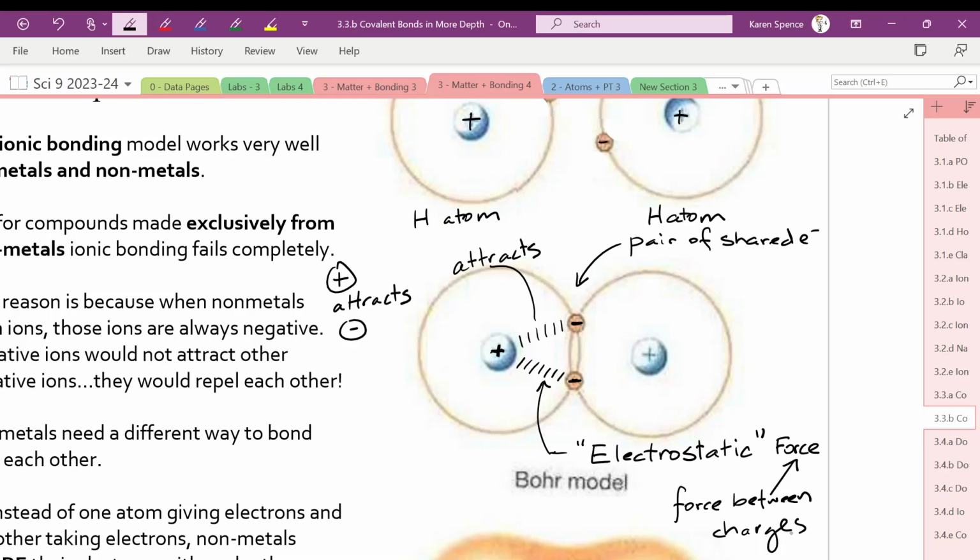And we not only get those between the nucleus on the left and the electrons, but also between the nucleus on the right and those electrons.